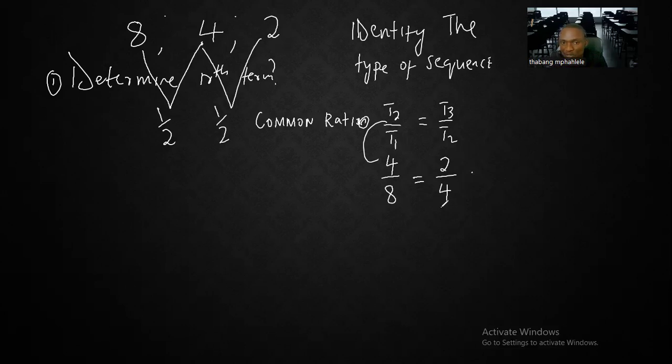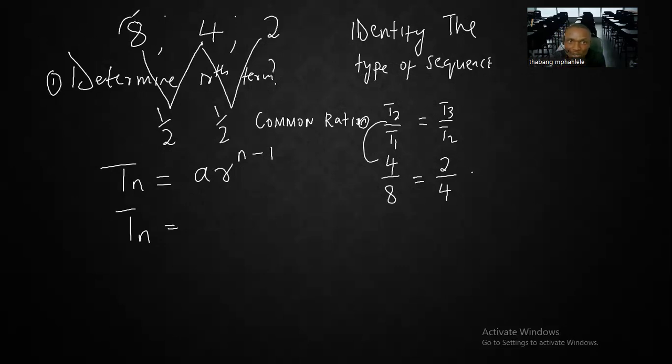Now, how do we find the general term or the nth term of the geometric sequence? You use this formula. You say Tn equals a r to the exponent n minus 1. a is the first term of the sequence. So you look at your sequence 8, 4, 2, which value appears first?